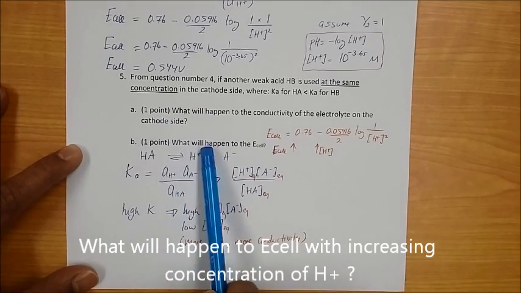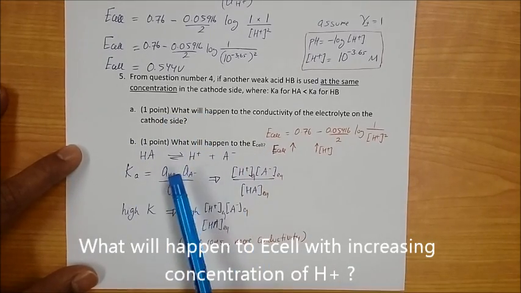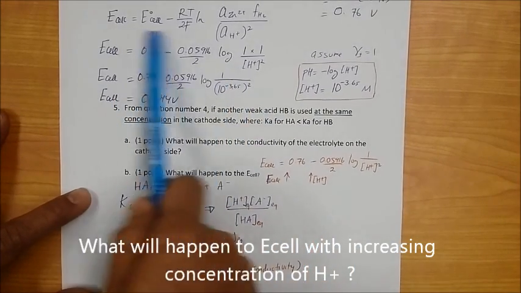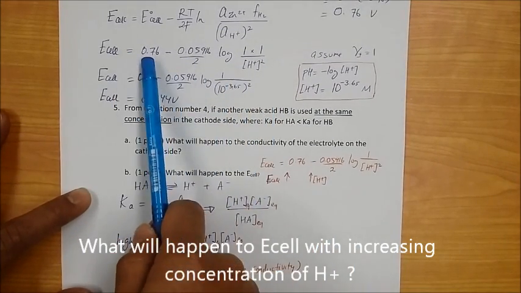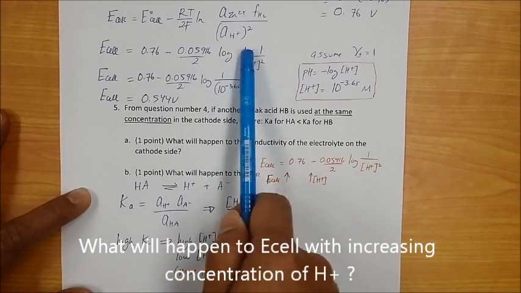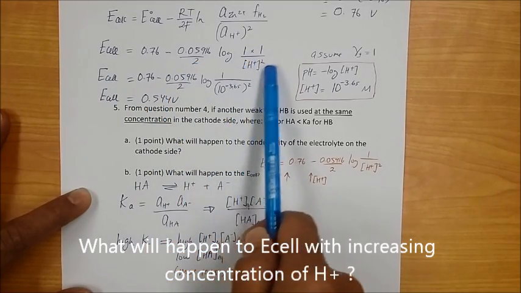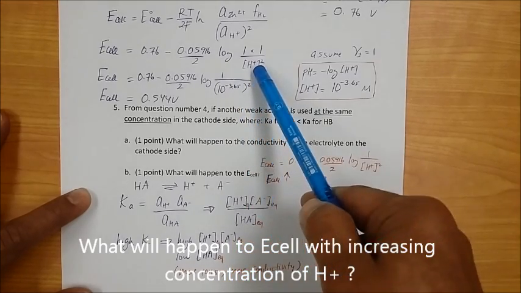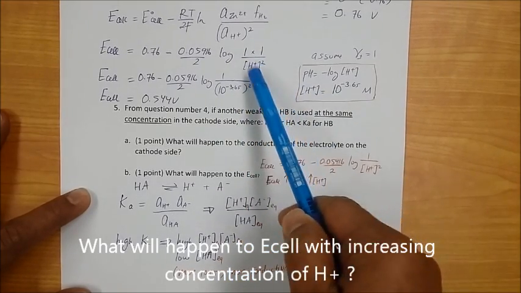And number 2, what will happen to the E cell if you replace it with HB? You have to go back to the Nernst expression, right? So this is the same, this is the same, and these two are the same. The only thing that's changing here is the concentration of the H plus in the cathode side.